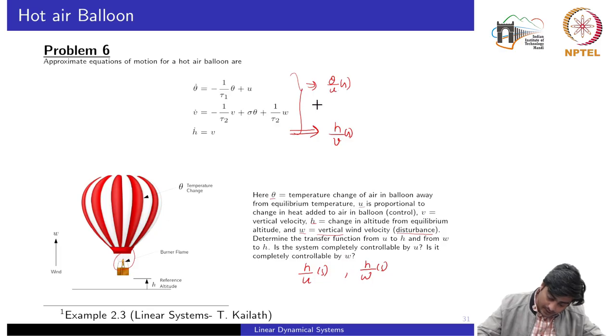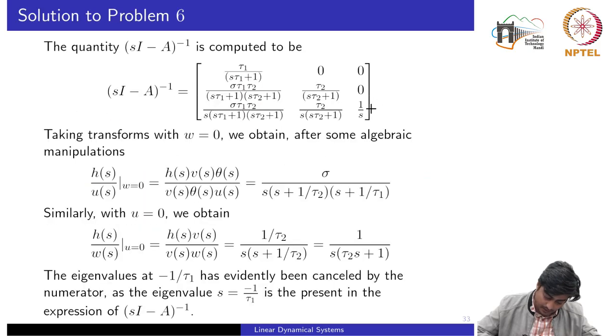And from here I can compute V by theta and V by W individually. Now putting all these expressions, H by V, V by theta and theta by U, together, we obtain this transfer function.